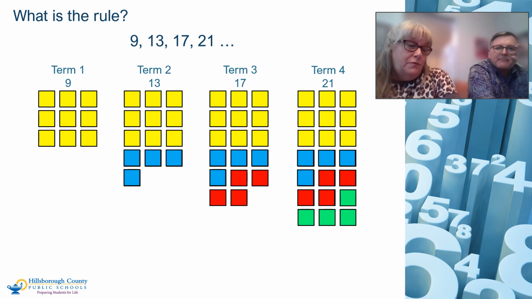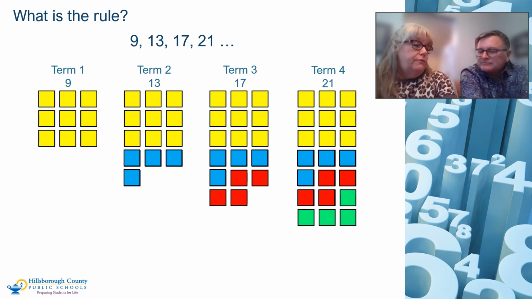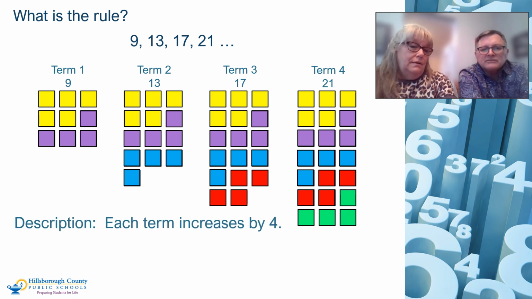Well, there's adding 4 in there somewhere, but I have to go back to my original term 1. I have to think about that add 4 rule, and I have to add 4 to term 1. Now I can see my pattern. I start with 5 and add 4. Each term is increasing by 4, so I am multiplying 4 by the number of the term.